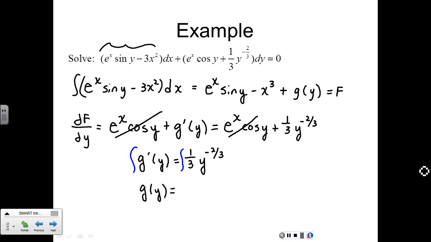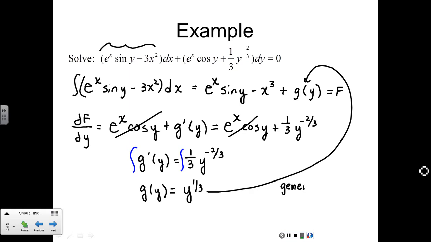So that's just going to be y to the 1/3 there. Good job, Mitchell. So we're going to put that back in up there. So my general solution for this will be e to the x sine of y minus x cubed plus y to the 1/3 equal to my C1.